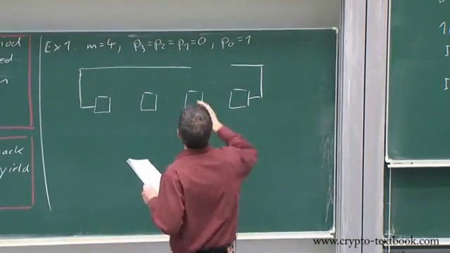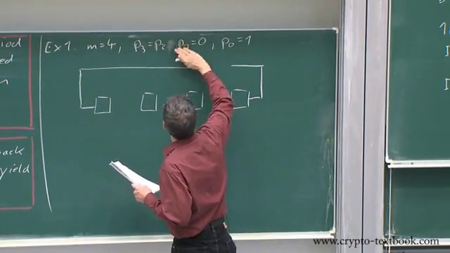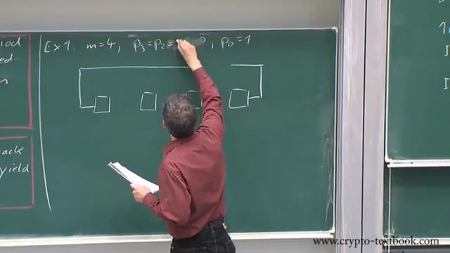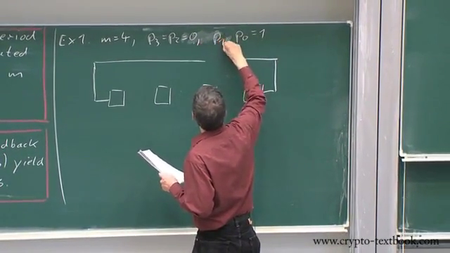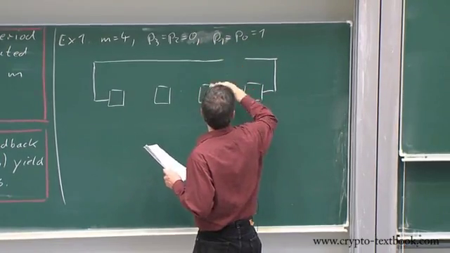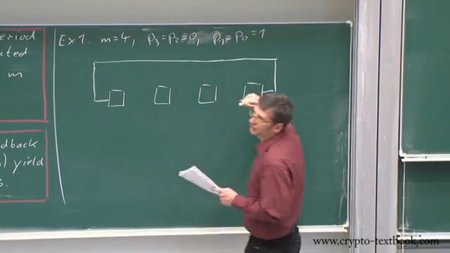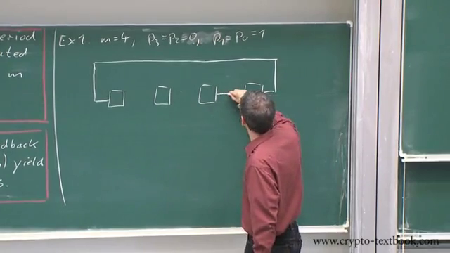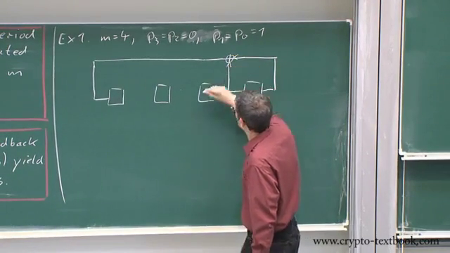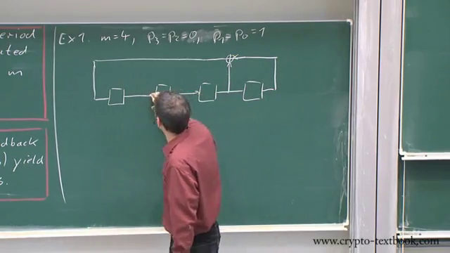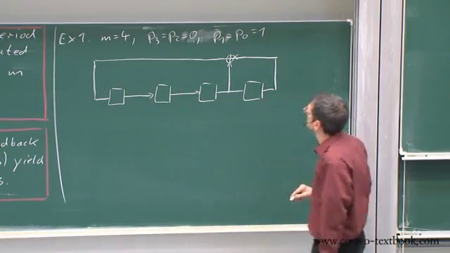P0, I'm sorry, is equal to 1. And the first one needs to be closed, I'm sorry. So the first two are closed, the next two are open. Okay, so we have this here.